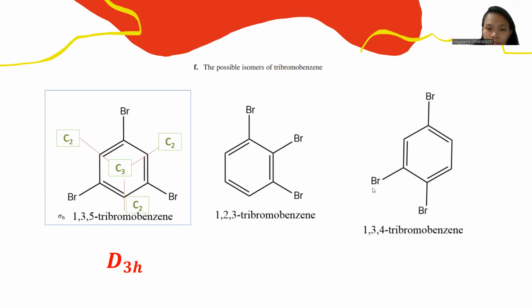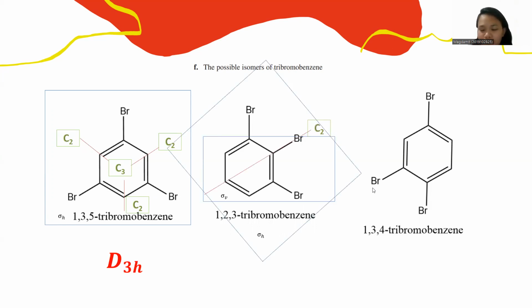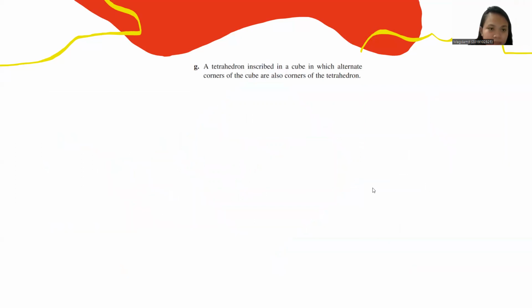Second, 1,2,3-tribromobenzene has a C2 axis, collinear to the second bromine, and a horizontal and vertical mirror plane centered at the z axis. Thus, it is classified as C2v. Lastly, for letter F, 1,3,4-tribromobenzene only has a horizontal mirror plane, sigma h. Thus, it is classified as Cs.